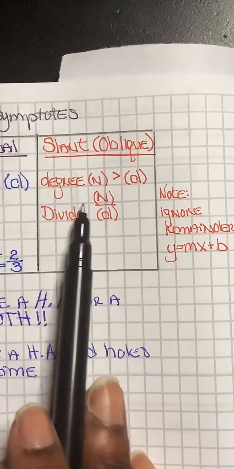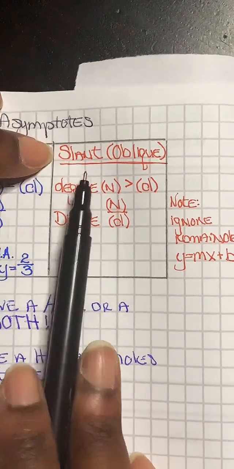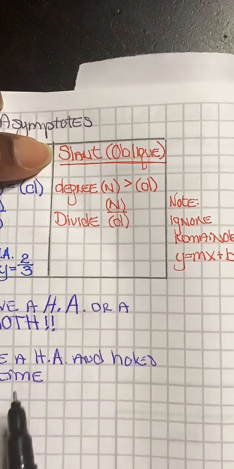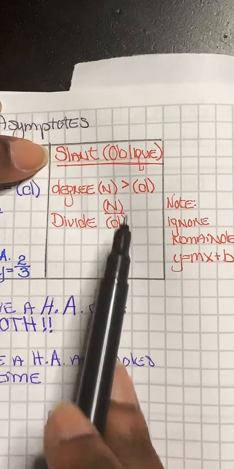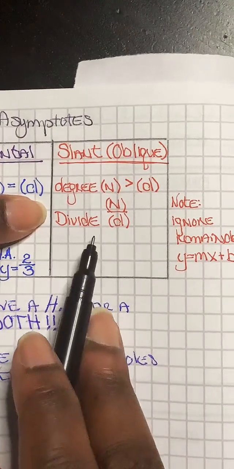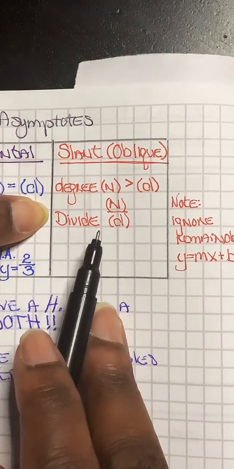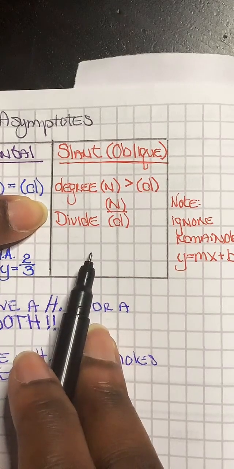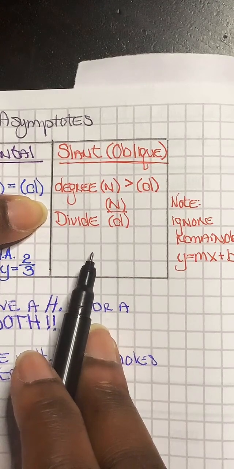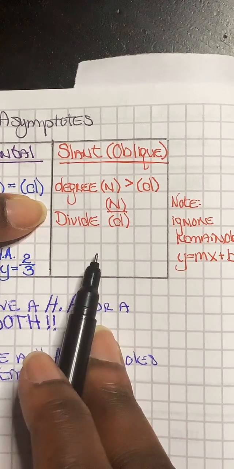In fact, we're going to have what's called a slant or oblique asymptote. So when you're dealing with that, you actually have to divide your numerator and your denominator, using either long division or synthetic division.